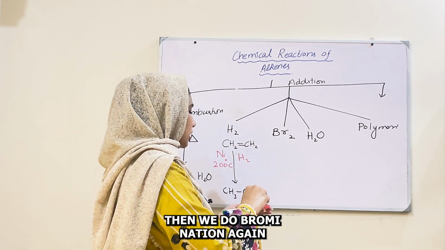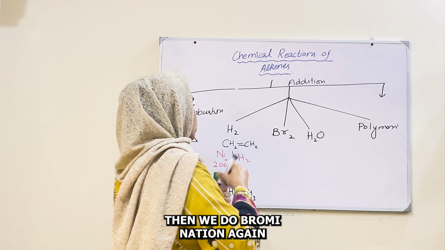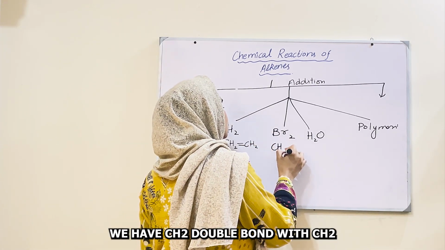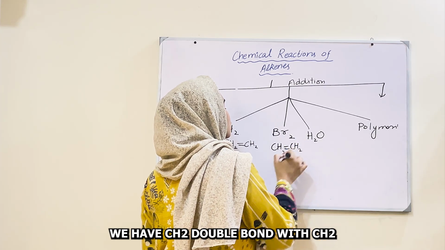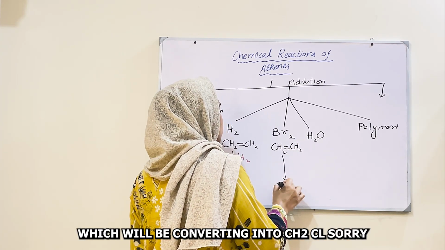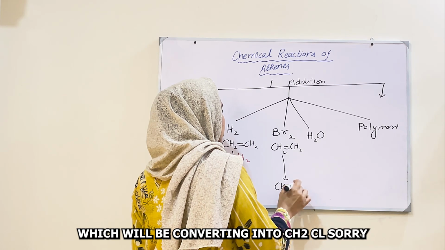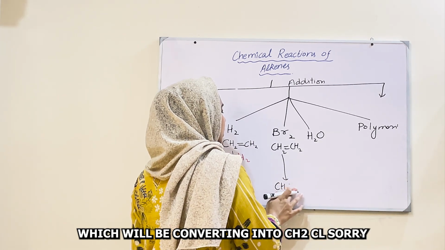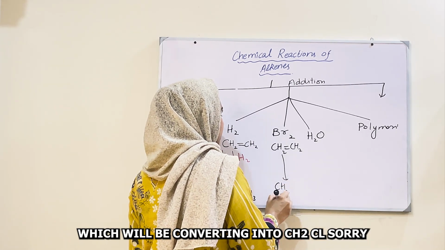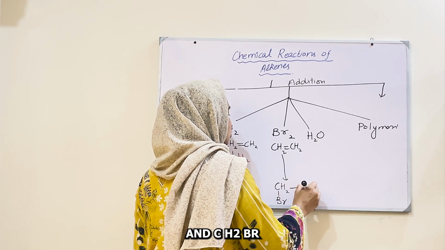Then we do bromination. In bromination, again we have CH2 double bond with CH2, which will be converting into CH2Br and CH2Br.